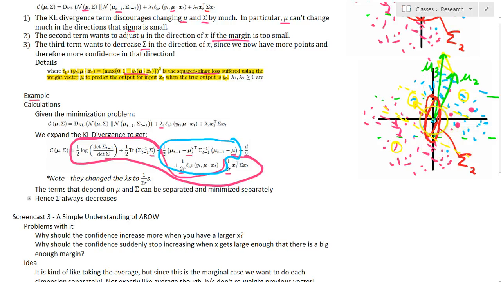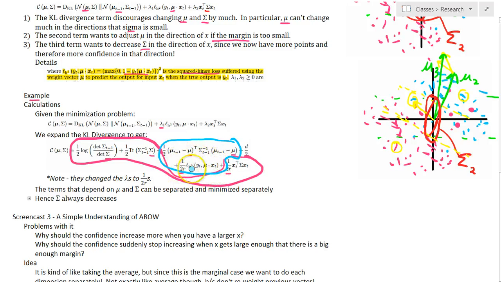Whereas in this other direction, the eigenvalue is quite small, which means when we multiply by that, any changes in this direction will tend to have a large cost, because this is sigma to the minus 1. So a small eigenvalue means the inverse matrix has a large eigenvalue, so we get a big cost to making changes in that direction, which is why we don't end up making a change in the direction of the point. We end up making a change skewed towards the directions where we have lower confidence.